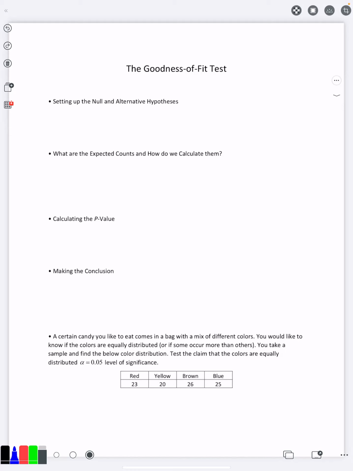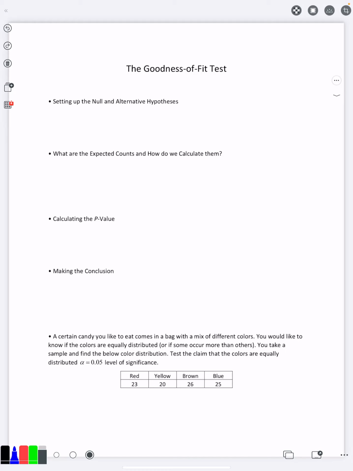You match them up here. And then the question is, does the prison population match the general population? And if it doesn't, we need to investigate and see why people of different races are becoming incarcerated at a higher rate. Pretty big jump there from talking about candy colors to prison and racial inequality. But this is the type of hypothesis test you would use to analyze a situation like that.